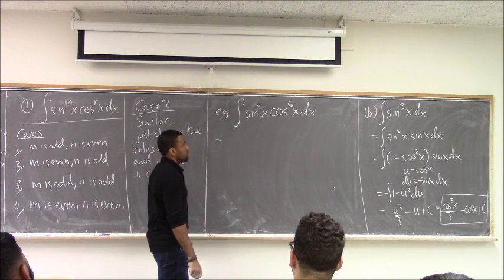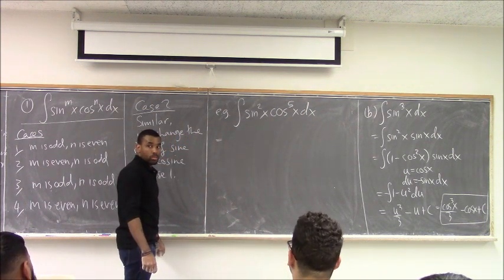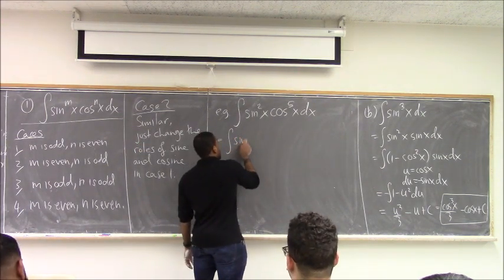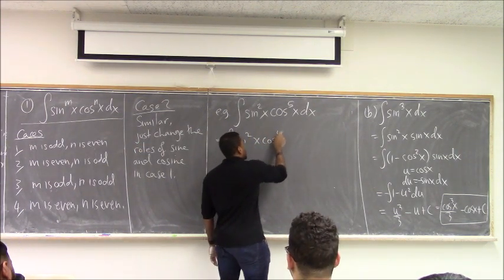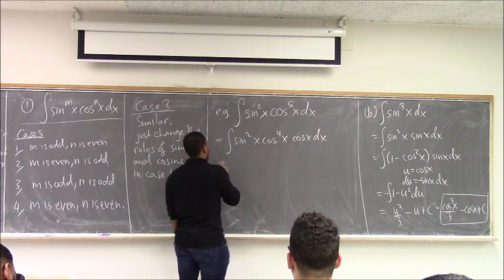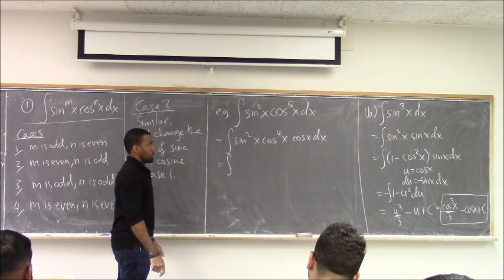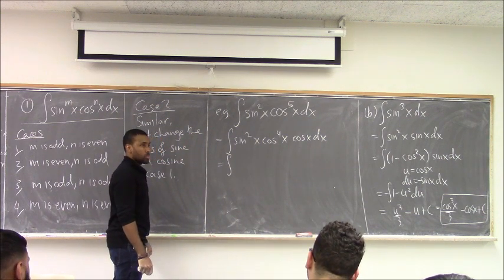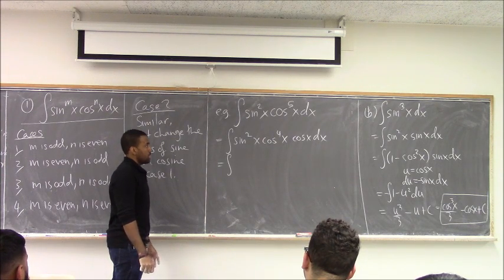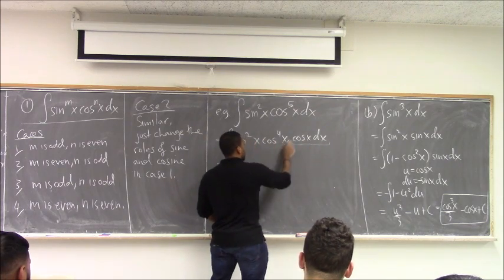First step? Take out a factor of the cosine. Second step, change all the cosines to sines. So I save this cosine. I want to change these cosines into sines.